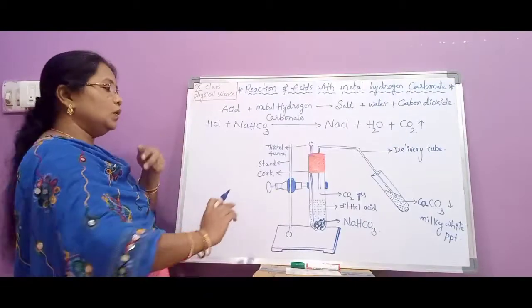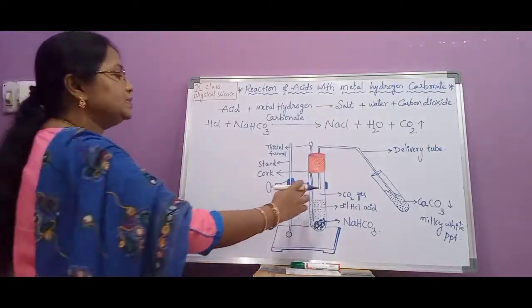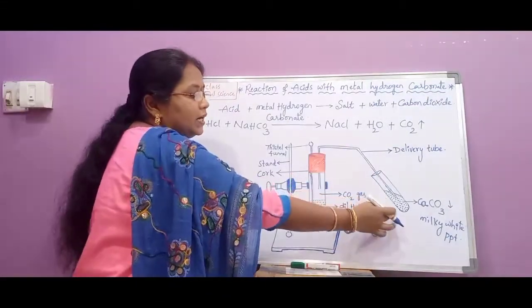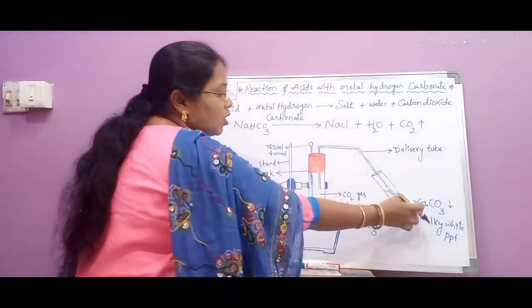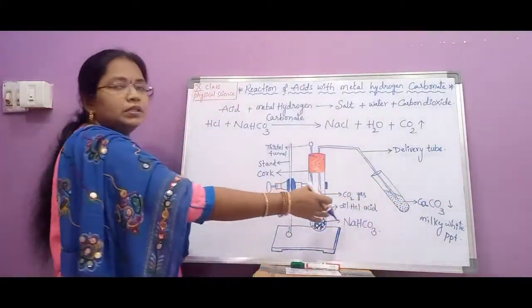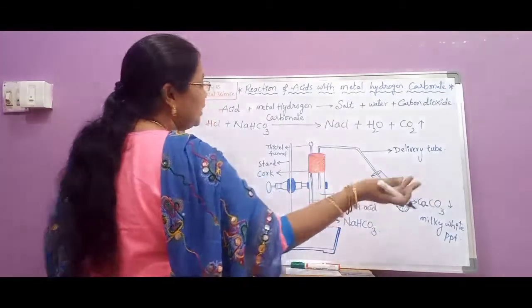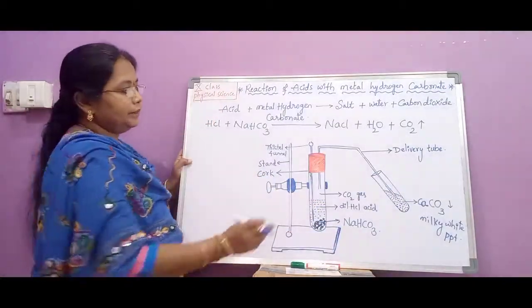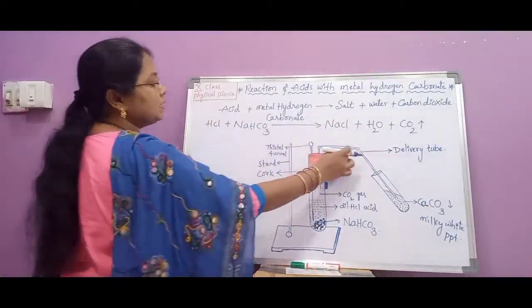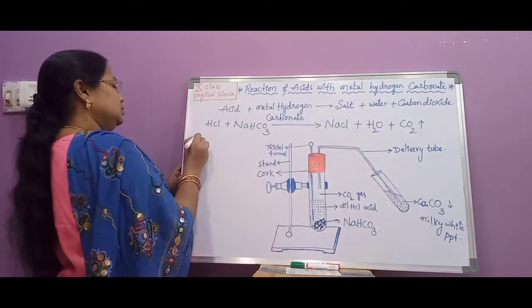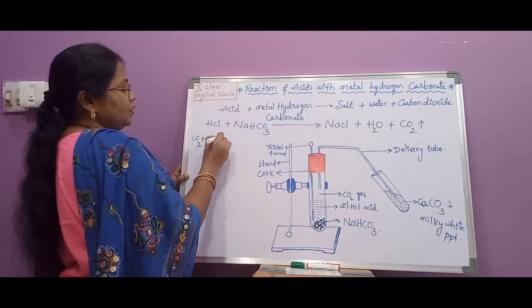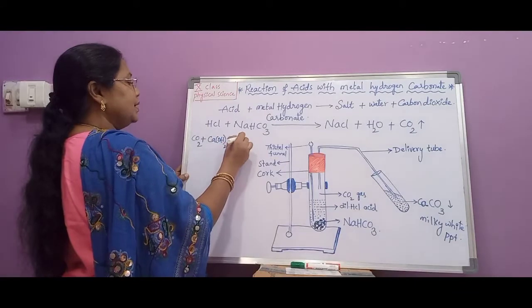So due to this milky white precipitate formation, we can say that the gas formed in the test tube is carbon dioxide gas only. Now, if we pass excess carbon dioxide into the same test tube containing the calcium carbonate, this calcium carbonate will dissolve in the excess carbon dioxide and water, and we are going to get calcium bicarbonate. For this I will write: passing carbon dioxide into lime water, that is Ca(OH)2. What are we going to get?